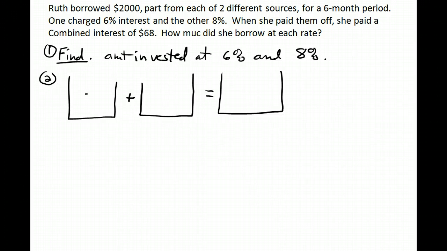Alright, first of all, we're going to put our interest rates in each bucket. My total interest was $68. In the bottom of the buckets, I don't know how much I have, but if I let X be one, because they add up to 2,000, this one must be 2,000 minus X. And the other thing that's still missing, and that's a little bit different than we've done before, is the fact that this was a 6-month loan, not an annual loan.